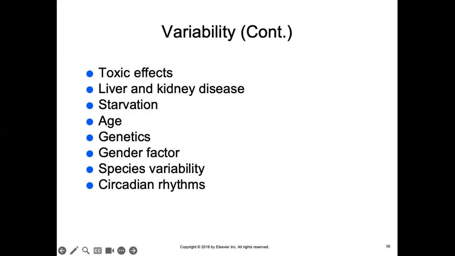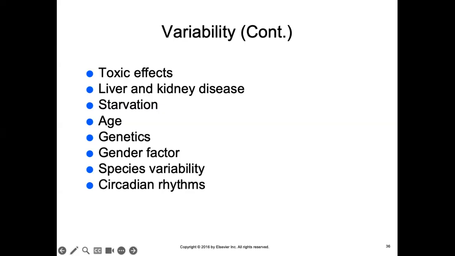Toxic effects typically occur due to depletion of enzymes needed for detoxing the drug. Liver and kidney disease result in an inability to metabolize or excrete the drugs, respectively. Starvation usually results in a decreased ability to conjugate with glycine because of depletion of amino acids in general. In age, neonates fail to metabolize drugs the same way as adults or the elderly do.